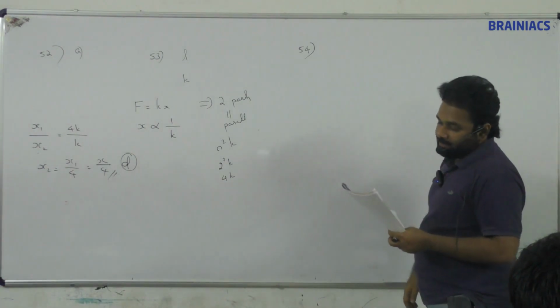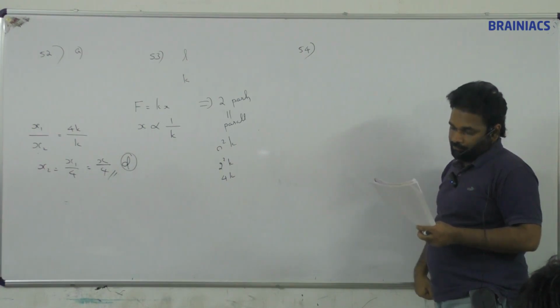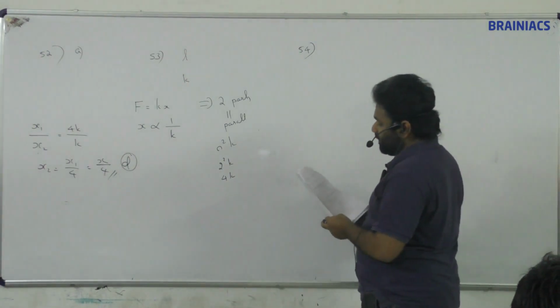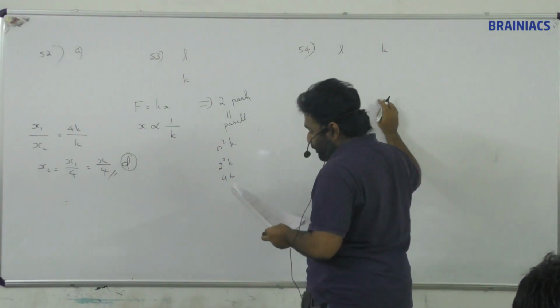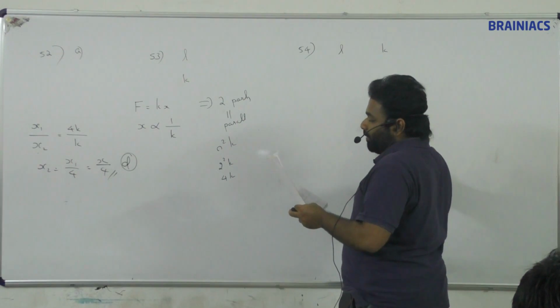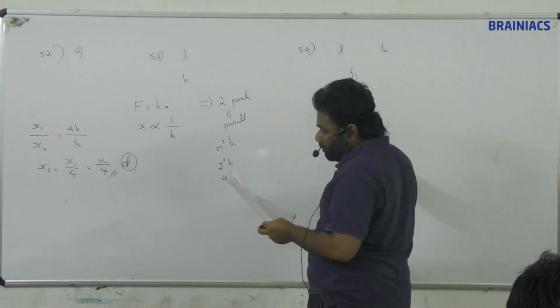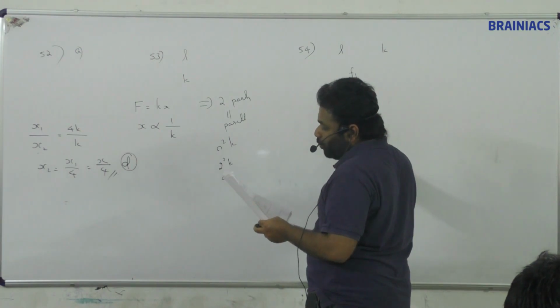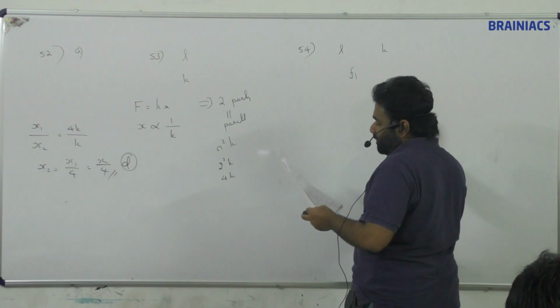A mass is suspended from a spring of length L and force constant K. The frequency of vibration of the mass is F1. The spring is cut into 2 parts and the same mass is suspended from one of the parts.